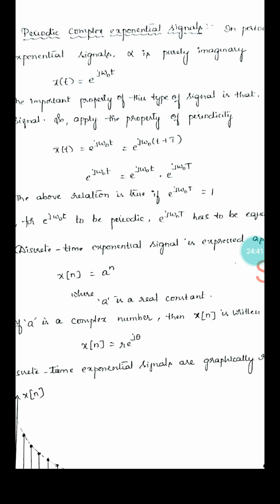The mathematical representation is Sinc of x equals sin pi x divided by pi x, whatever we have within the brackets, numerator by denominator, for x not equal to 0. So this is the Sinc function in graphical representation.